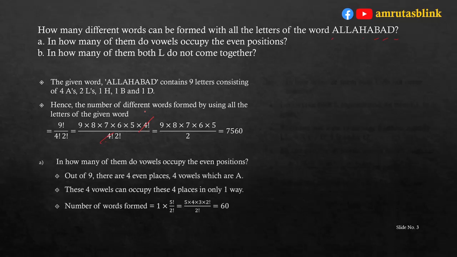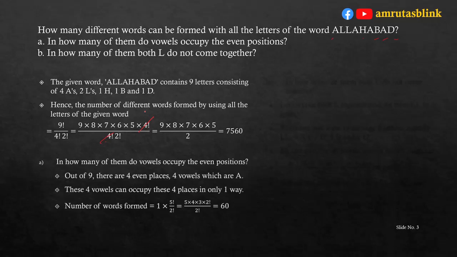So total number of words formed would be 1 into 5 factorial upon 2 factorial. Now why 5 factorial upon 2 factorial is because out of 9 places, now 4 places are already preoccupied by vowels. So there are remaining 5 places, and these 5 places are to be filled with 2 L, 1 H, 1 B and 1 D. Now H, B and D are unique, but L is repeated.